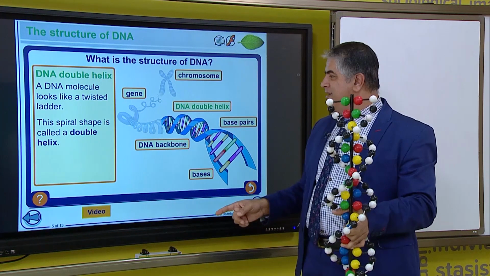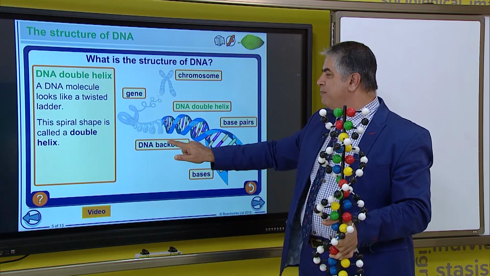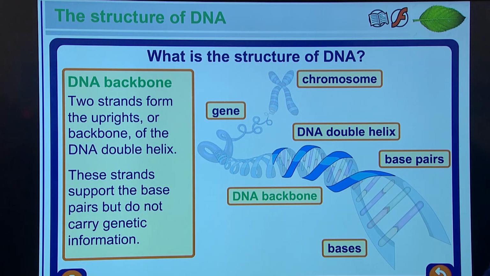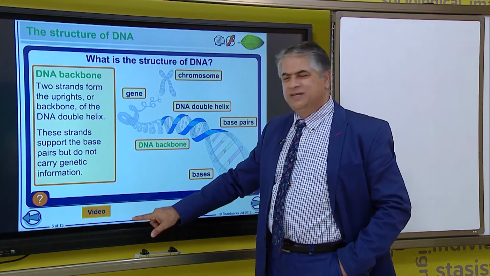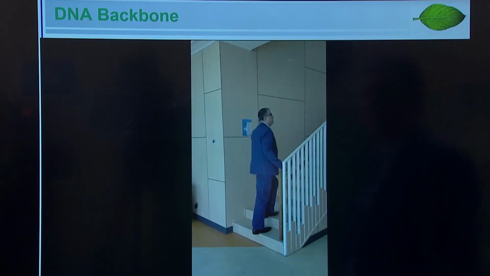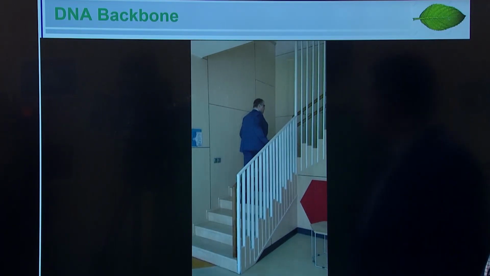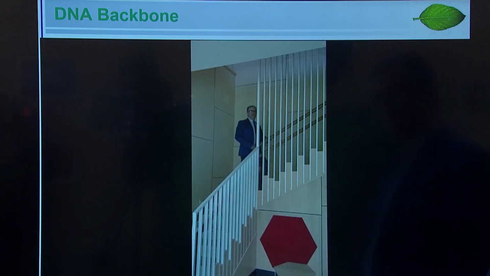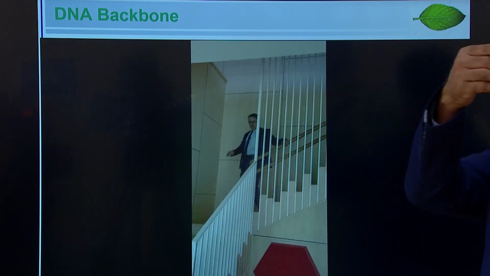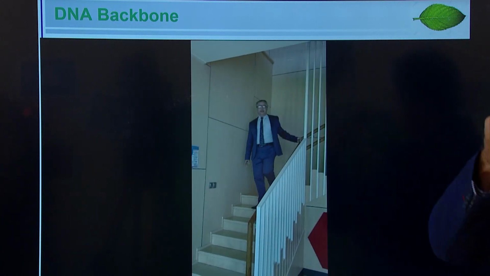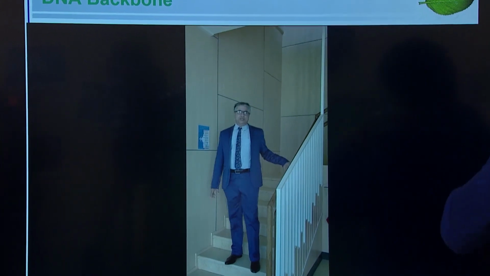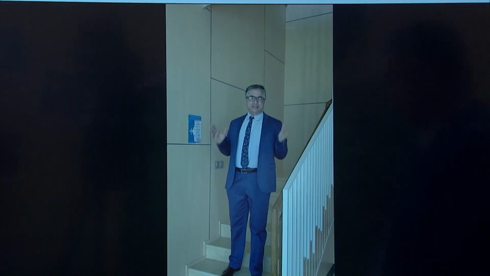The DNA has got a backbone, right? So let me show you exactly what this backbone does. As this handrail provides support for this staircase and keeps you upright and stable, preventing you from falling over, the DNA strand is made up of a phosphate and deoxyribose sugar, which keeps the strand upright and stable.